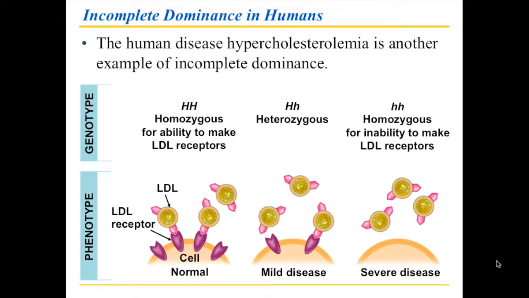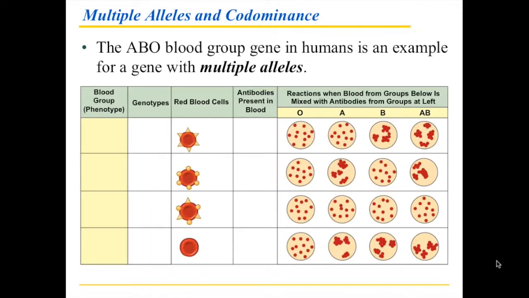And so this is an indication where you have the same type of thing that you had with the flower colors in the snapdragons, but here it really matters. I mean, this is a real health issue. You need to have something ideally that helps you mop up the additional LDL cholesterol. So that's incomplete dominance.